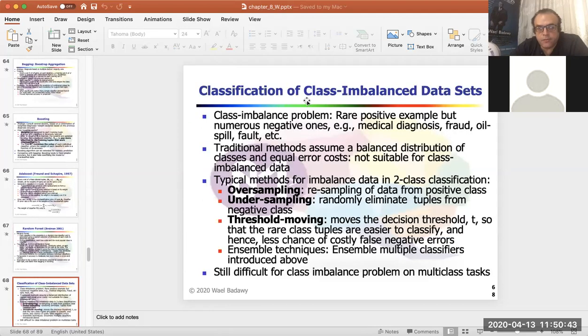Now, the classification of imbalanced data sets. The class imbalance problem is rare positive samples but numerous negative ones. Usually a balanced data set means I have 50-50 or 30-60.